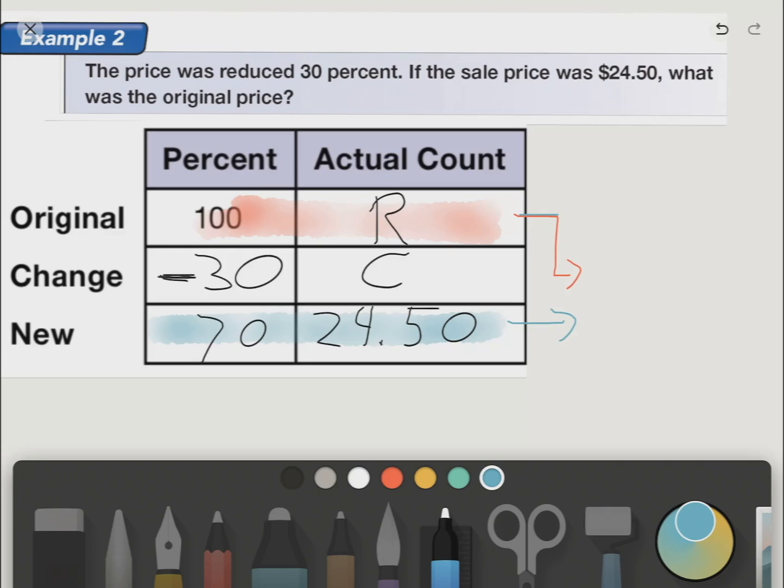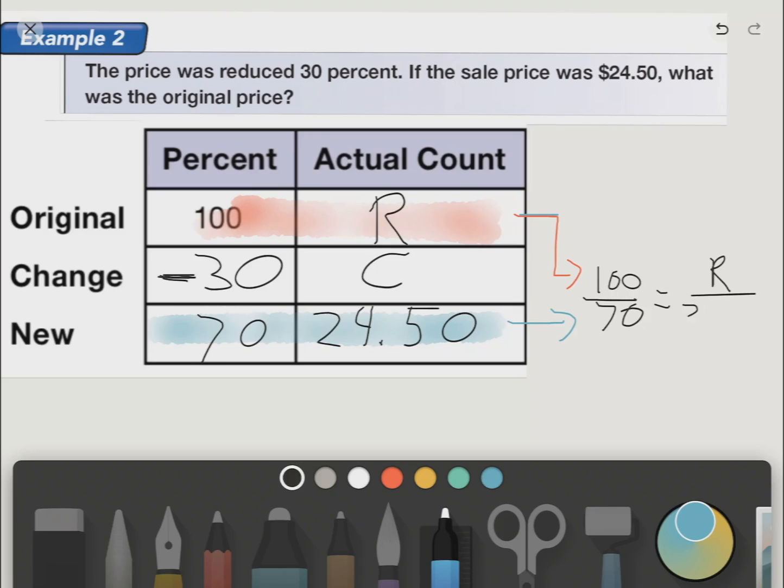And we'll have these across the bottom. So bringing in our 100% and our actual amount for the original. And that's a ratio to 70% is the new price.